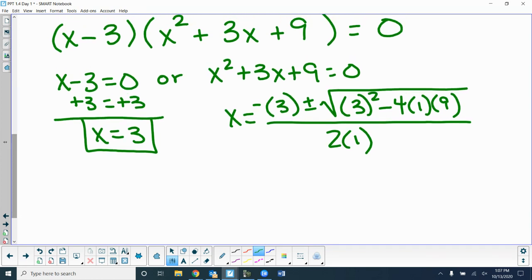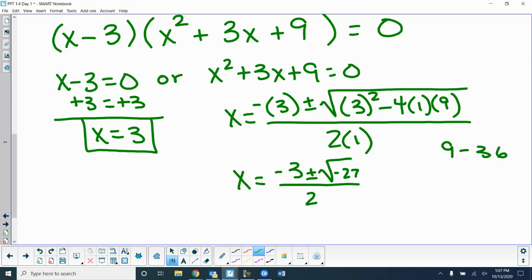So then I got negative 3 for this, 2 for the denominator, and figure out what goes in there. So we got 3 squared is 9. Negative 4 times 1 is negative 4 times 9 is negative 36. That puts a negative 27 in there.